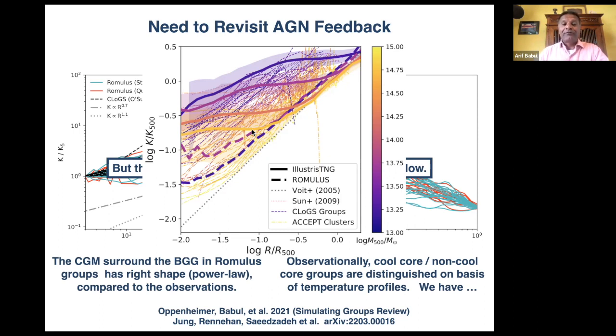Romulus doesn't allow for high temperature metal cooling and finds the lower amplitude entropy profiles. This has been known now for almost a decade. It was first discovered by Yohan Dubois and company. So this is something that I would actually encourage people to discuss. We really do need to rethink how we are modeling and or implementing AGN feedback in these simulations.